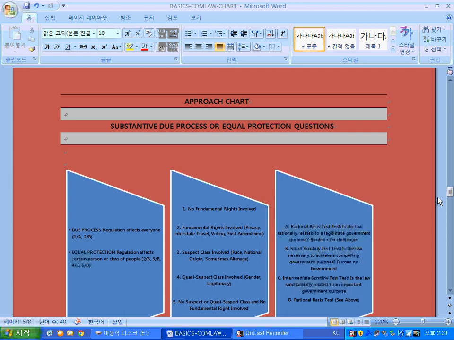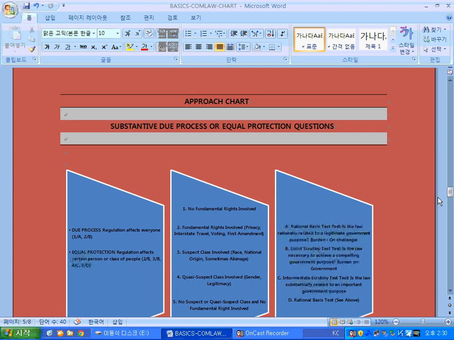Due process includes the process where the regulation affects everyone. In due process consideration, you have to know the regulation affects everyone.